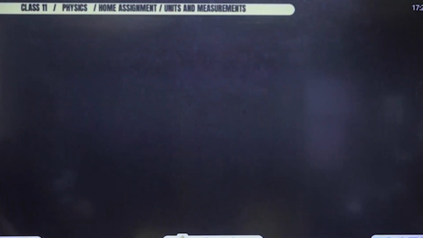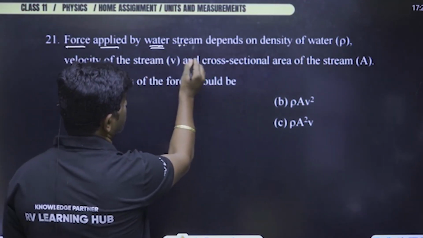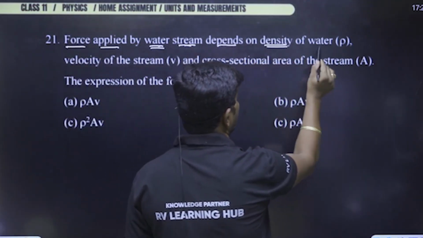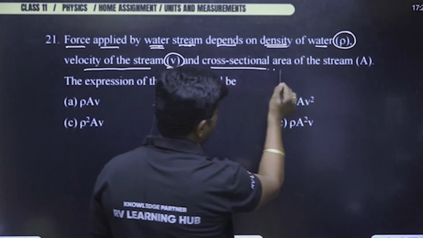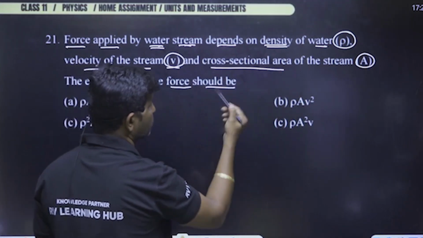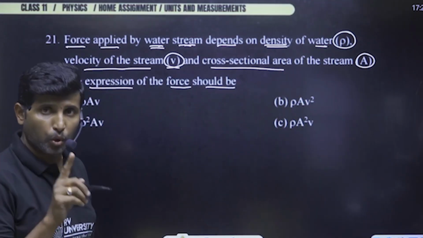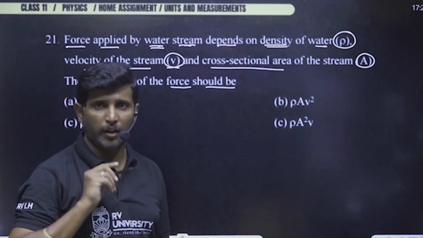Similarly, let us go to the next question, what they are saying to us. Force applied by the water stream depends on density of the water rho, velocity of the stream v, and cross-sectional area capital A. Then what is the expression for force in terms of density, in terms of speed, and in terms of area of cross-section?